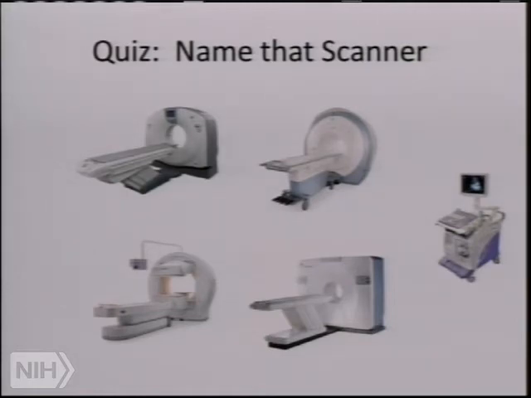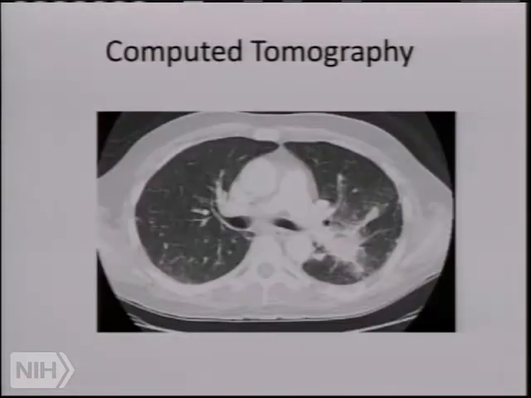I think most of you can recognize off to the right that there's a device that looks pretty different than the others, and that's the ultrasound device. But otherwise, it might be difficult for you to distinguish between these different technologies. But here's what the answers are. And so we'll go into a little depth.